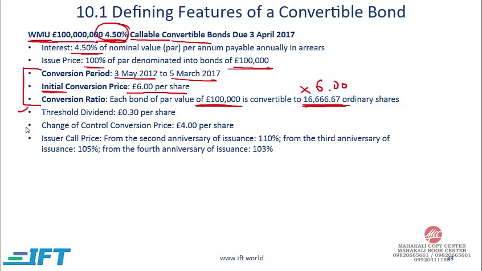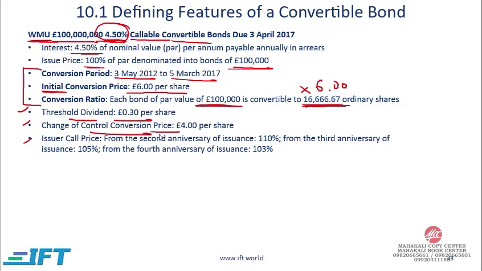There are other terms that are also given here. I'll explain these at a high level. A threshold dividend of 30 pence per share means that if the dividend paid by the underlying stock exceeds this amount, then the conversion price will come down. Now, exactly how that works is outside the scope of this discussion. Change of control conversion price.